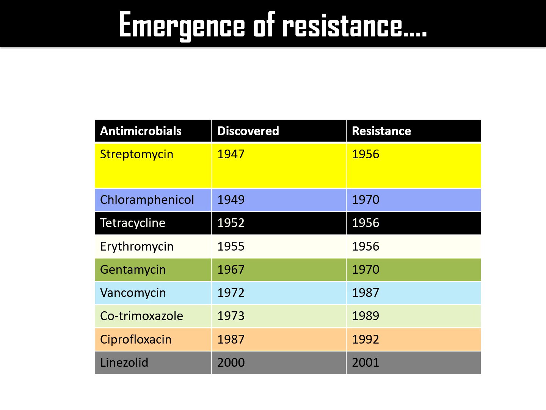For example, the antibiotic streptomycin, which was discovered in the year 1947, showed resistance in the year 1956. Similarly, chloramphenicol was discovered in 1949, but it showed resistance in 1970, and the list is huge.